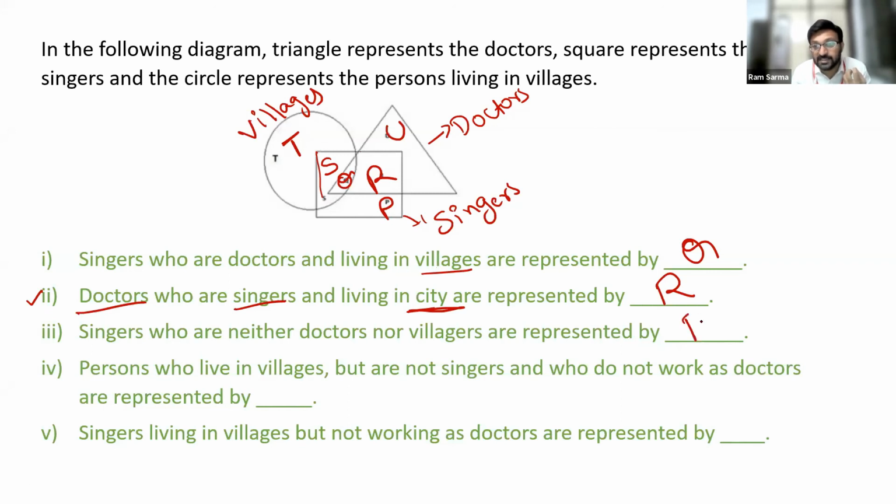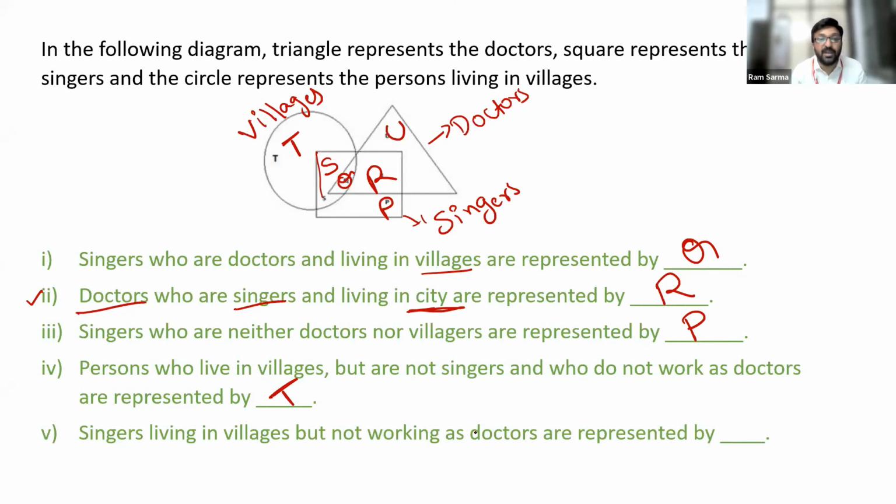How many are only singers? P. Wonderful. Let us look at the fourth one. People who live in villages but are not singers and who do not work as doctors. It means that only villagers. Your answer should be T.